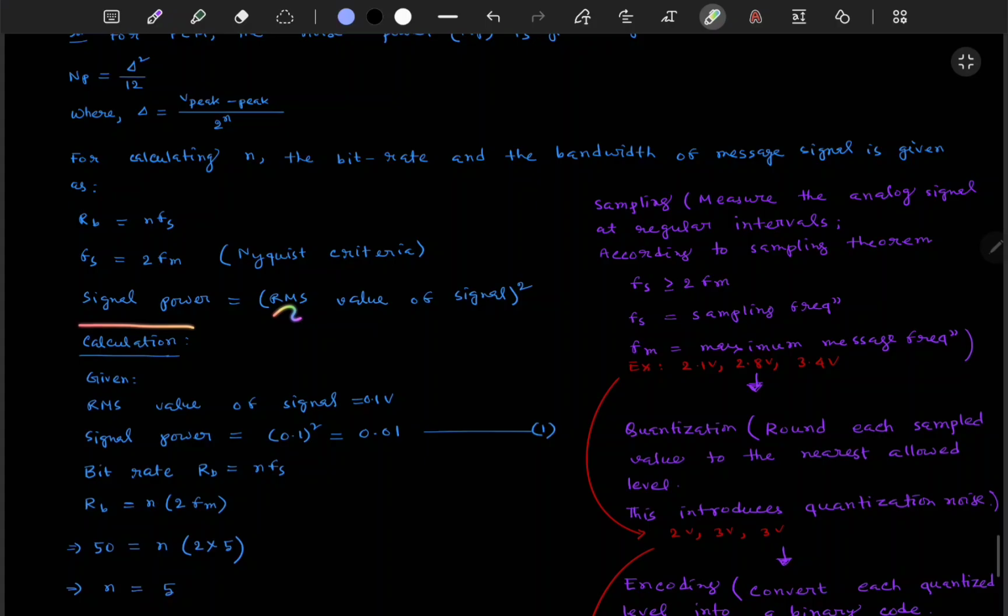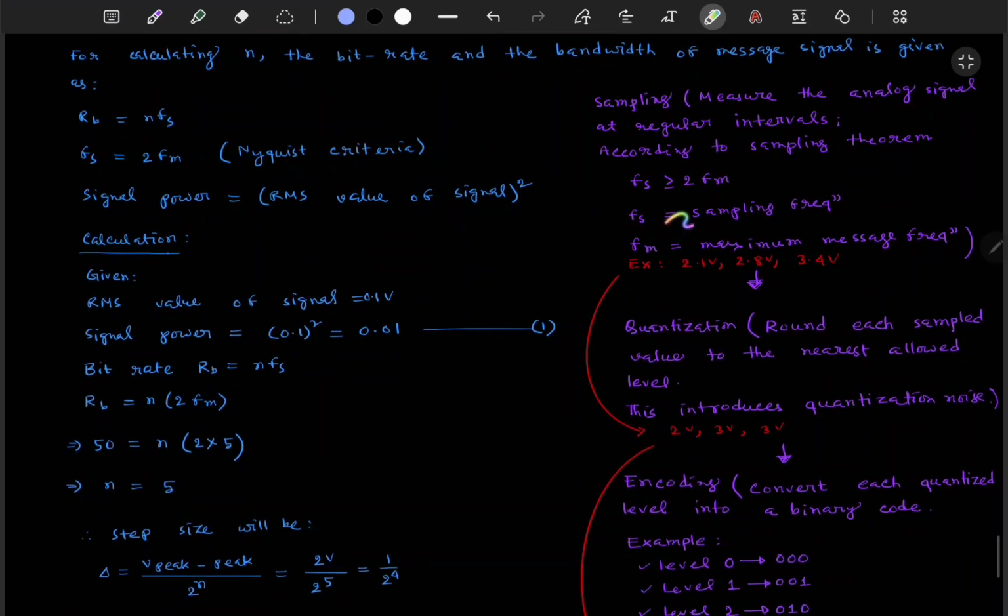The signal power equals the RMS value of the signal squared. Sampling measures the analog signal at regular intervals. According to the sampling theorem, Fs is greater than or equal to 2 fm, where Fs is the sampling frequency and fm is the maximum message frequency.